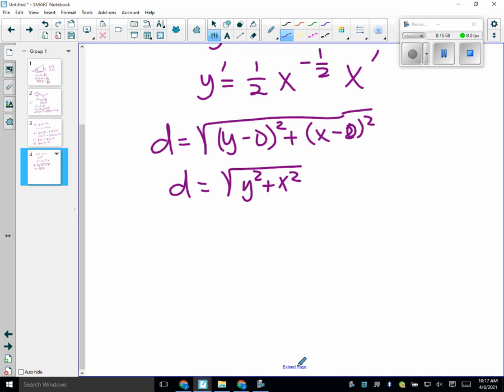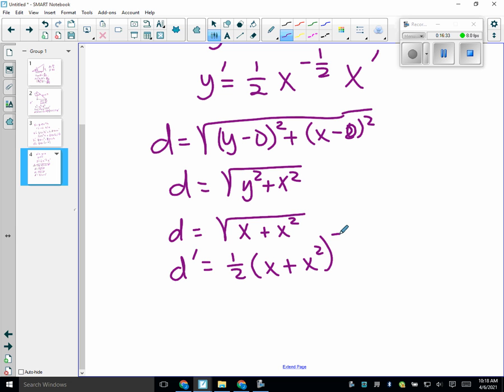What is y? Y is radical x. So is the distance equal to the square root of x plus x squared? So what do I want to find? D prime? So D prime equals 1/2 times x plus x squared to the negative 1/2 times 1 plus 2x.